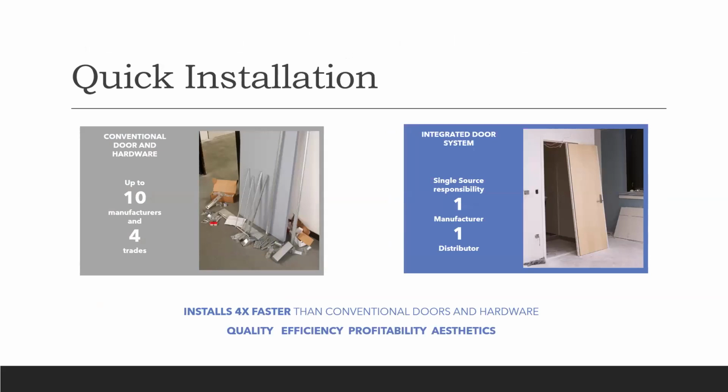Maybe you don't have the right tools. Maybe the lighting is inconsistent, whatever it is. Or you could get a door like the one on the right that's complete and ready to go into the opening. And that means that fewer trades are going to be involved, fewer manufacturers involved, improving your quality, improving your efficiency. And so that single source responsibility will give you reliability.